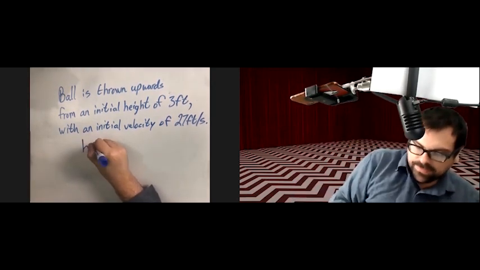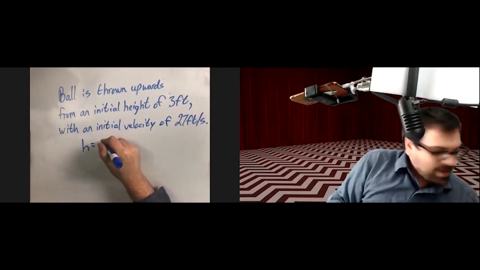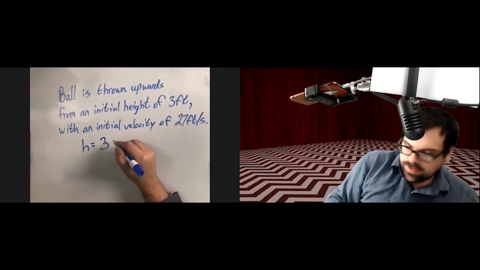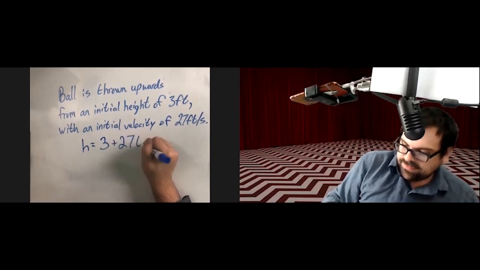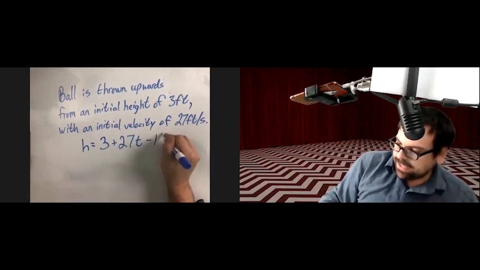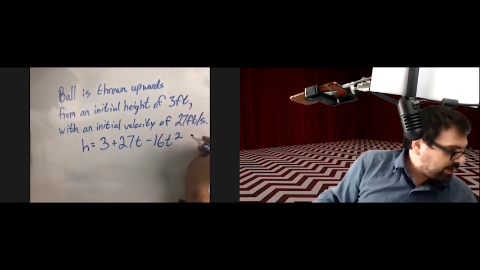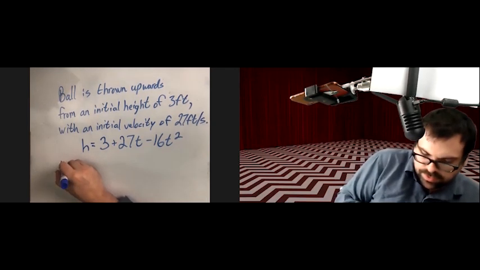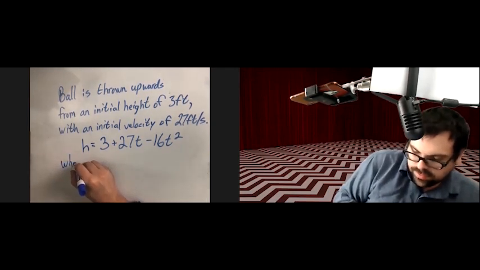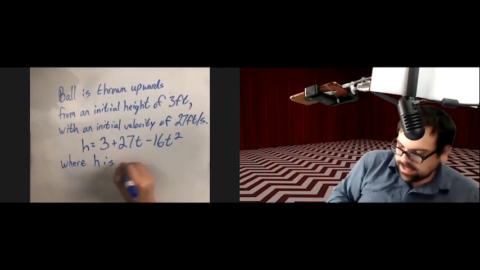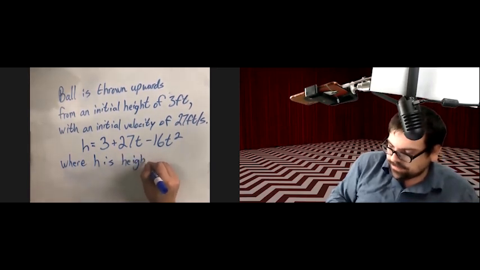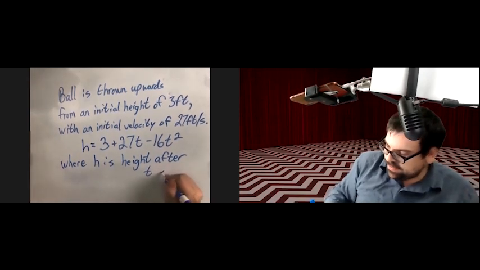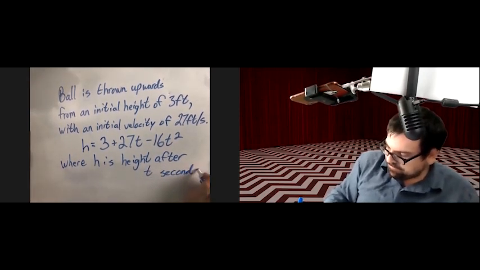But we'll be given, this is represented by h equals 3 plus 27t minus 16t squared, where h is the height after t seconds.